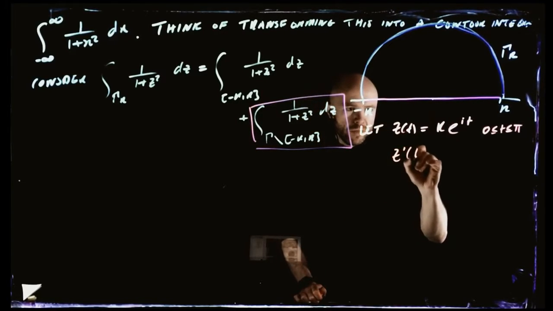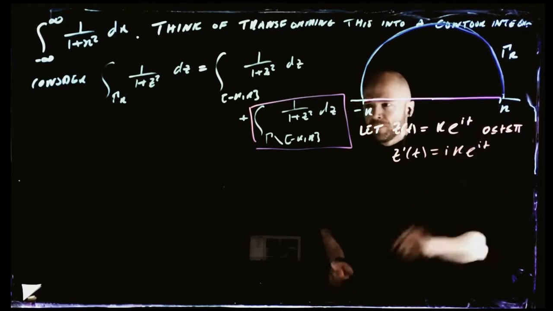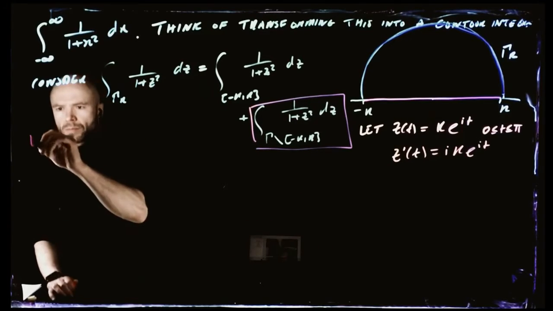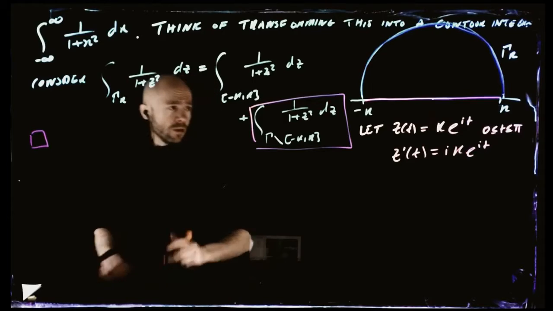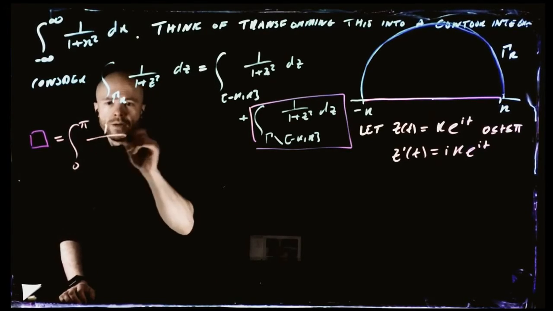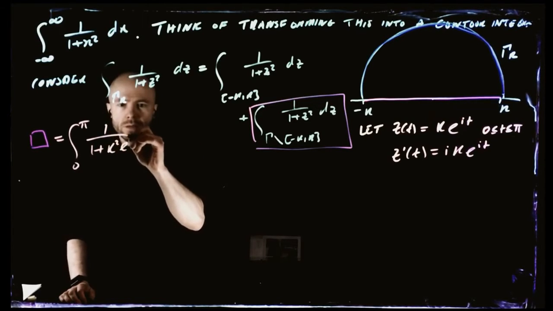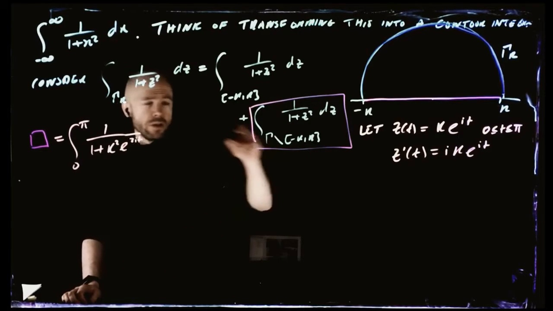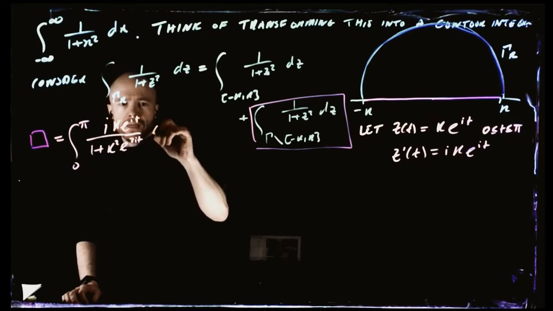Then z prime of t is equal to i r e to the it. So this thing in the red box turns out to be the integral from 0 to pi of 1 over 1 plus r squared e to the 2it, and then the derivative, i r e to the it dt.